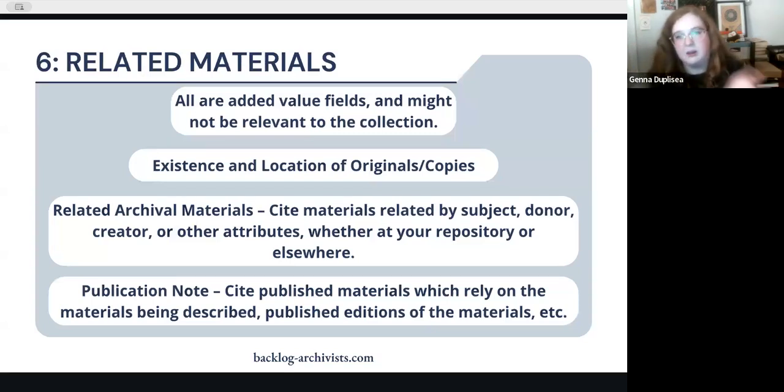You can talk about it all here. And then the publication note is where you can cite published materials that rely on the materials being described. So say this collection of letters has been edited and published as a book, or a person wrote their dissertation on this collection. This is the citation for it. So that's what you would describe in that field.